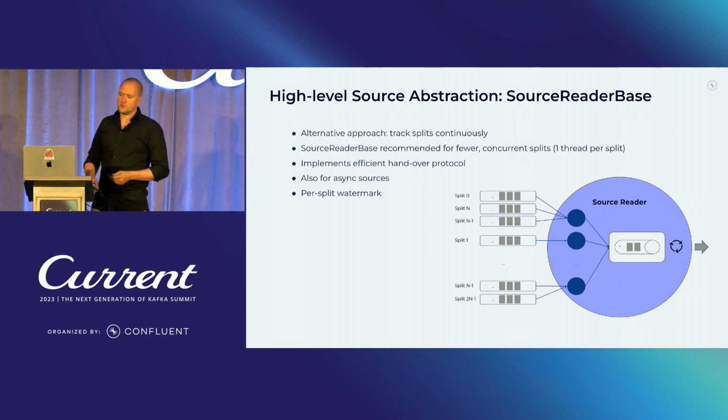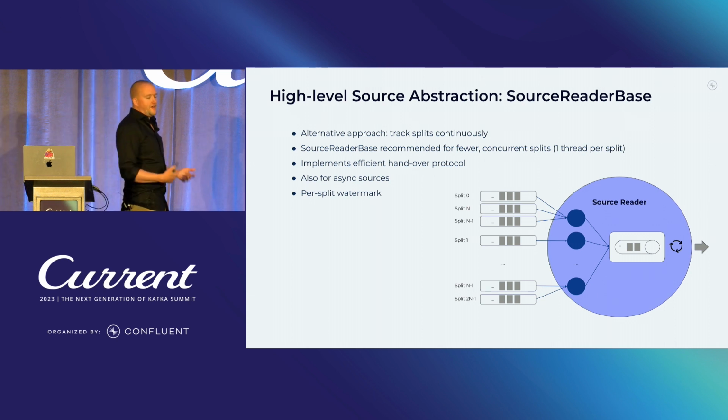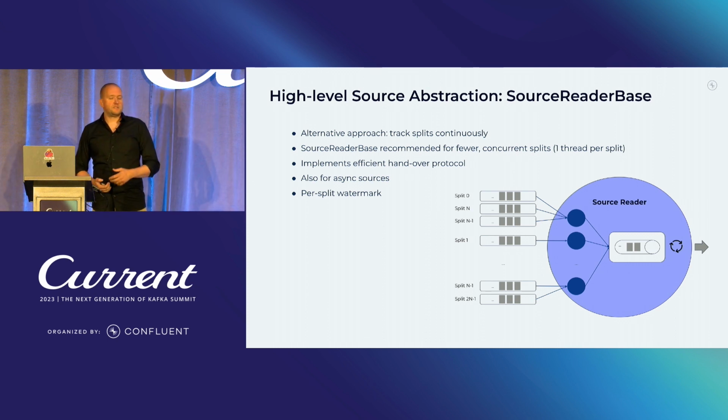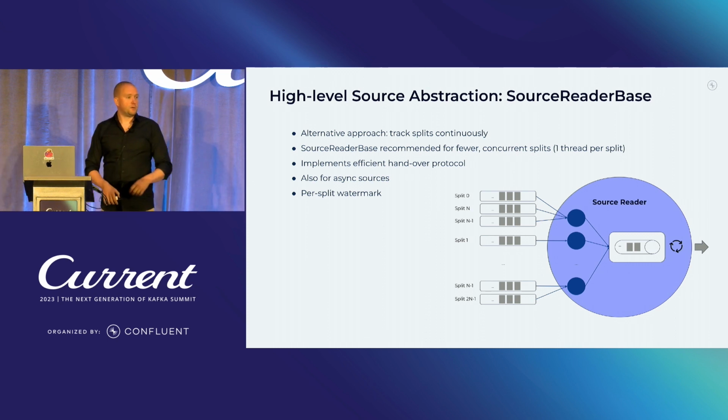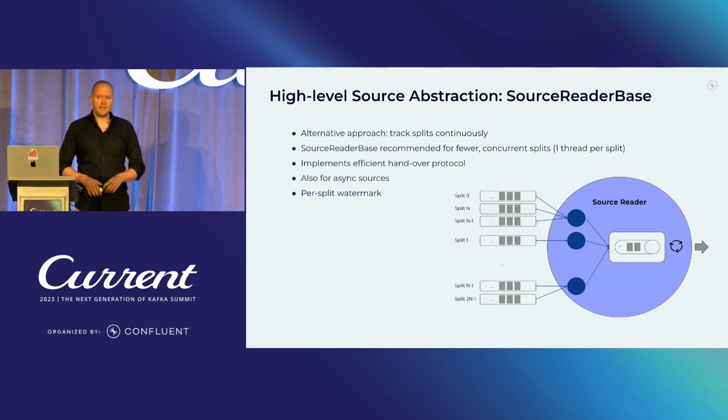And with the source reader base, the idea is that developers can write their own source and just focus on fetching the records, parsing them, extracting timestamps, and potentially dealing with things like watermarks, which we'll talk about in a few minutes. It allows for easier implementation for custom sources in Flink.